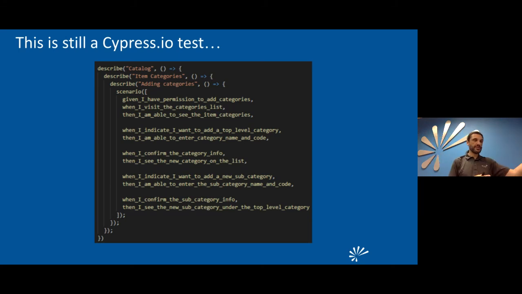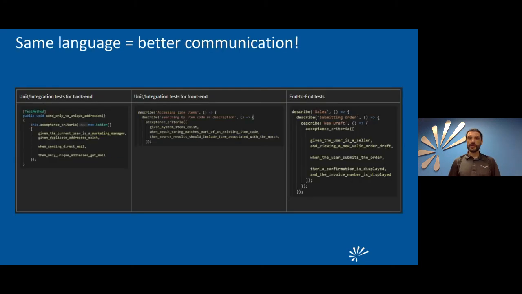Which is given this thing, when the user does this, then we show this. Then when the user does this other thing, then this. So it's like a full, meaningful workflow for one business activity, right? But still, look, it looks like the test that I showed for Angular and for backend stuff with C#, right?